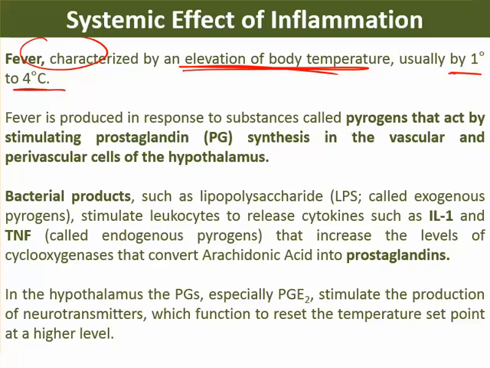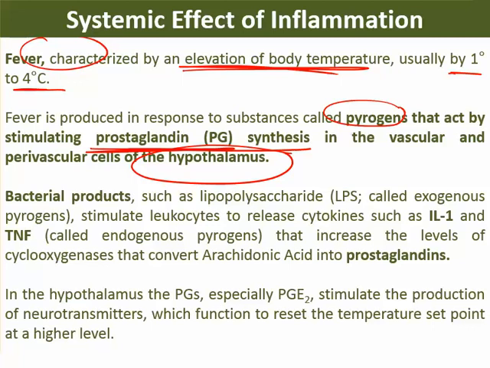Any fever producing substance is called a pyrogen. A pyrogen stimulates prostaglandin synthesis around the hypothalamus, the part of the brain which sets the body temperature. So the prostaglandin goes to the hypothalamus.